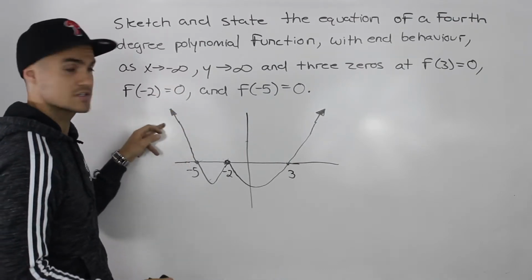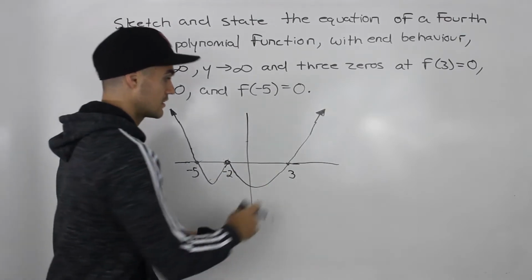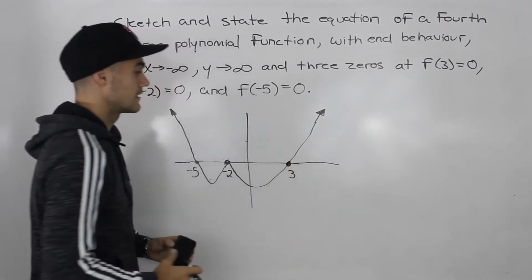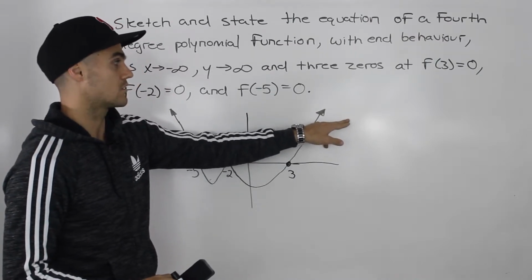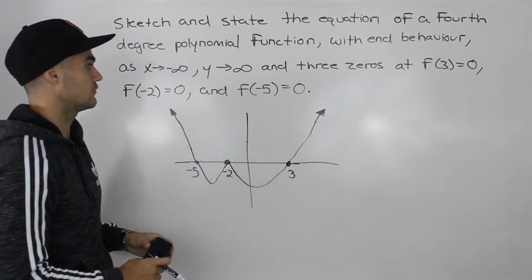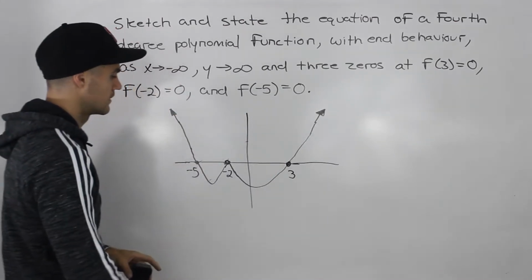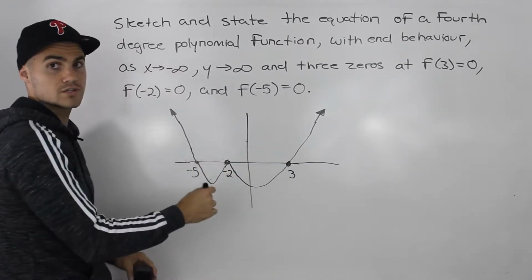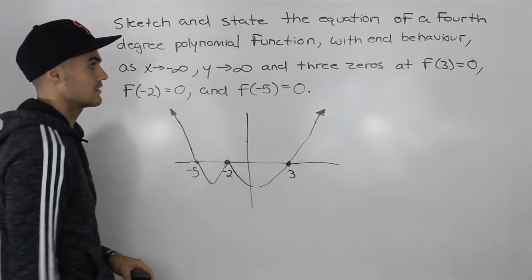The end behavior is still going to stay the same. The x-intercepts are still going to be there, and it's only going to be those 3. And the proper right end behavior is still going to be there because it's a fourth degree polynomial function. So it's going from quadrant 2 to quadrant 1. It doesn't matter which ones you bounce it off, as long as there is a bounce somewhere, then you're good.